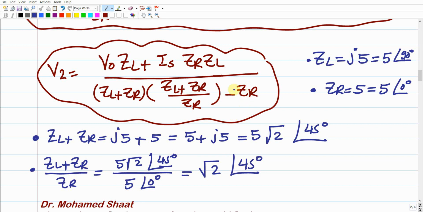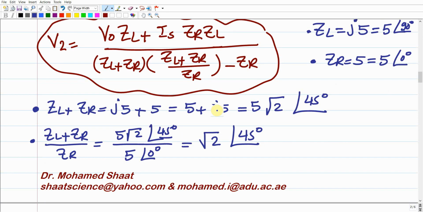Then we can do the multiplication of this term times this term, and then subtract ZR to finish the whole denominator.